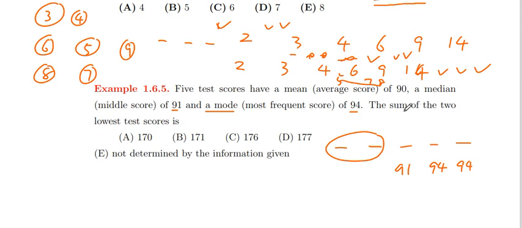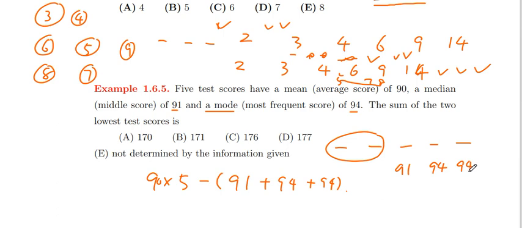The sum of them should be the total minus these 3. So what is the total? The average is 90, so 90 multiplied by 5, minus 91, 94, 94.